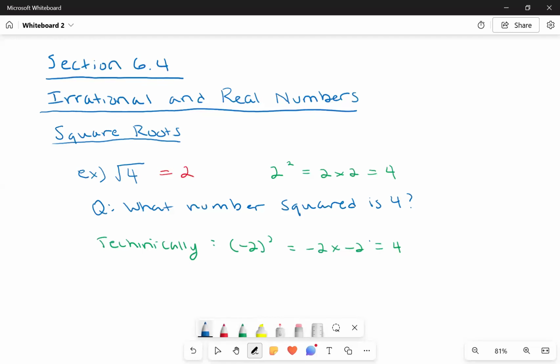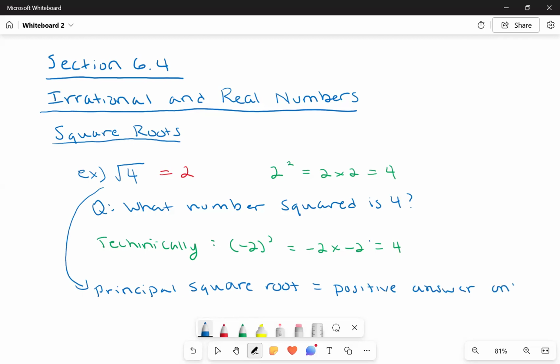The reason is that when we work with square roots, we're typically working with what's called the principal square root. So when we're asked for the square root of a number, they're usually asking for the principal square root, which means they want the positive answer only.